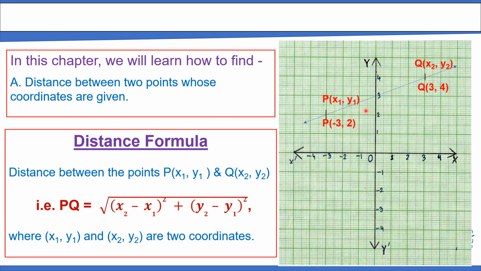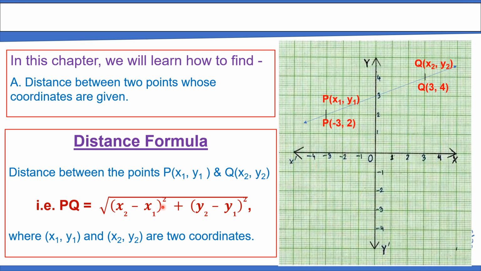For example, if you are given a straight line like this and there are 2 points here, P(x1, y1) and (x2, y2). Now the distance between these 2 points can be found using this formula, under root (x2 minus x1) whole squared plus (y2 minus y1) whole squared.